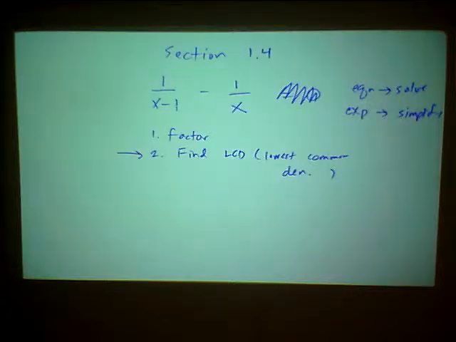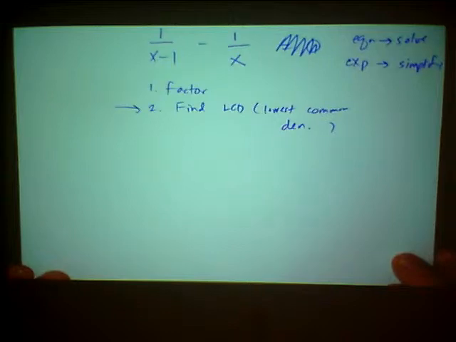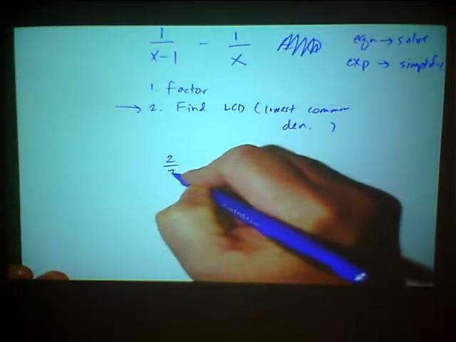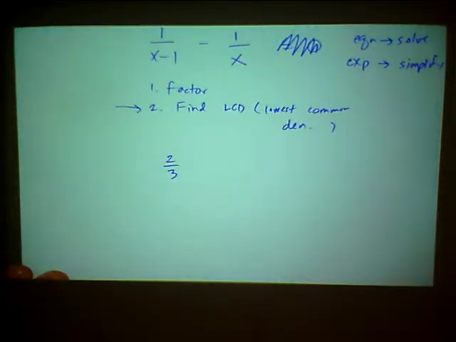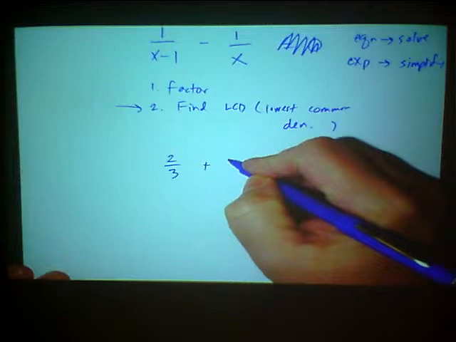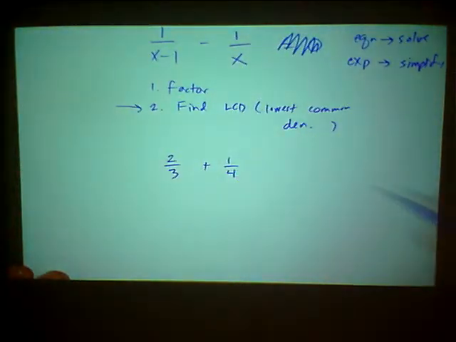So, as a way of introducing, let's think back. Instead of looking at rational expressions, let's think back to when you first learned to add or subtract fractions. Maybe back in, who knows, 3rd grade or sometime in your elementary school years. Say, for instance, you were given the problem 2/3 plus 1/4.